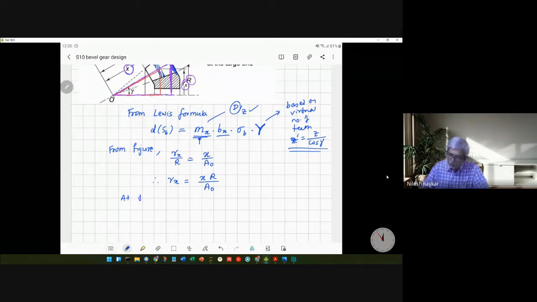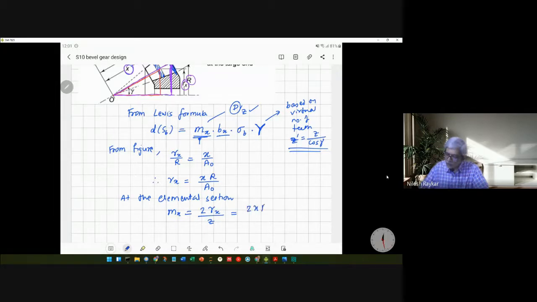So at the elemental section, the module Mx is defined as pitch circle diameter divided by the number of teeth. The pitch circle diameter will be given as 2 times Rx, divided by the number of teeth, that is Z. If you substitute Rx, it will be 2xR divided by Z times A naught.